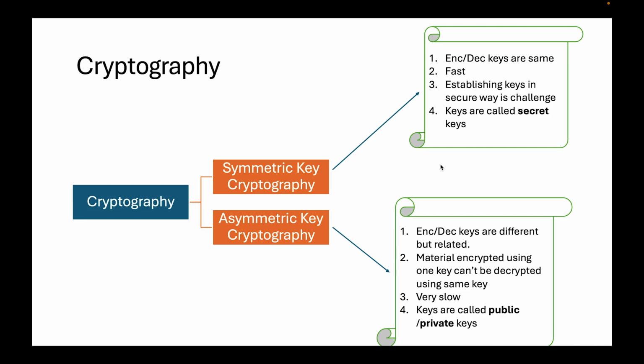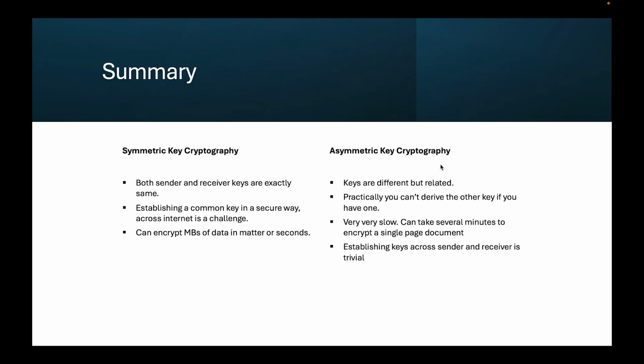So any practical scheme that aims to achieve secure communication utilizes the best of both worlds. For example, the SSL TLS scheme utilizes both asymmetric key and symmetric key cryptography. Both have their own advantages and their own weaknesses. So the SSL TLS scheme carefully avoids the weaknesses and utilizes the strengths of both of them. That is what cryptography is all about.